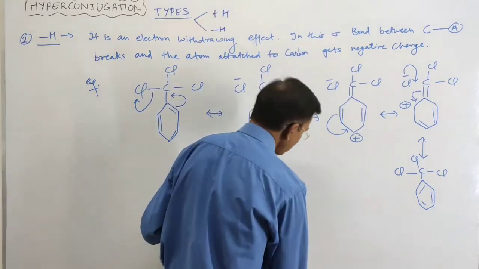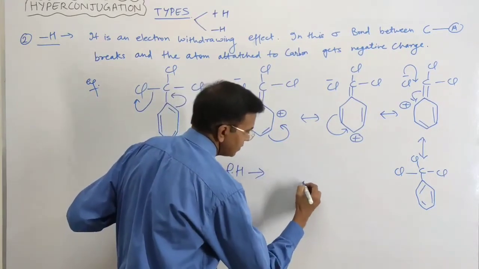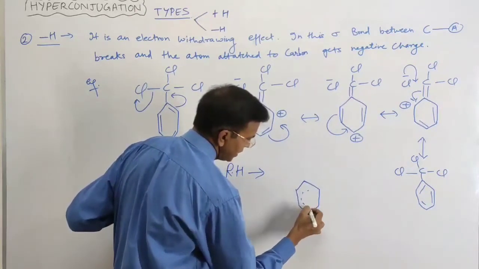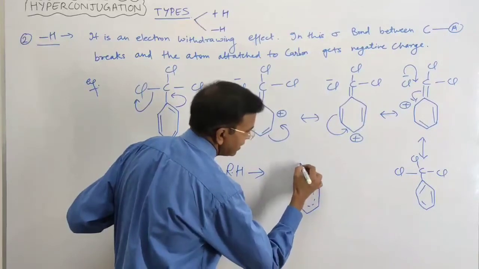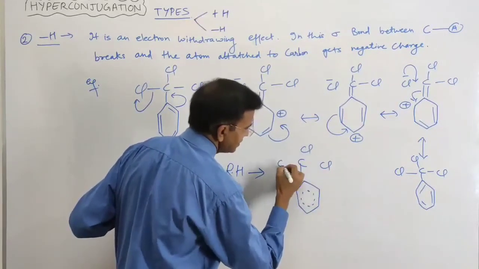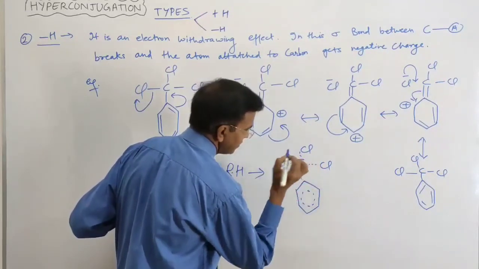So here the resonance hybrid is: delocalization takes place, and here is the C. Now Cl, Cl, Cl, and bond breaking, right?